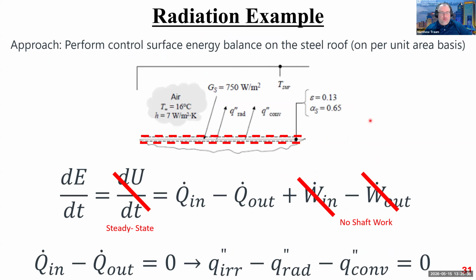Same approach as we've used before. We're going to perform a control surface energy balance on the steel roof, and we're going to do it on a per unit area basis. So here is my control volume, same as before.